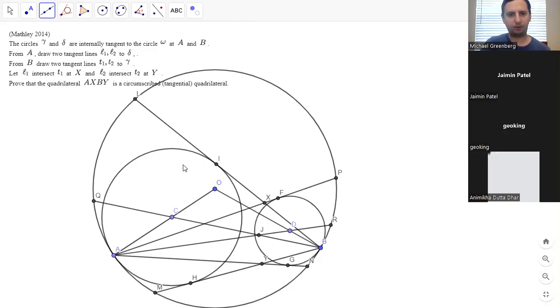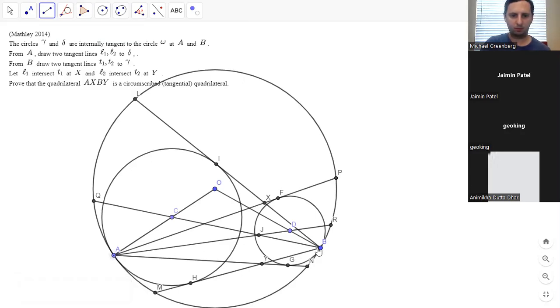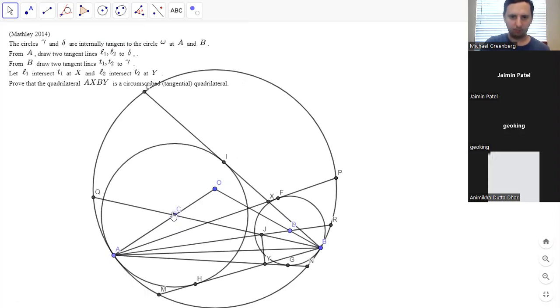So I could maybe try to use the angle bisector theorem. Oh, do those concur on that circle? I don't think so.